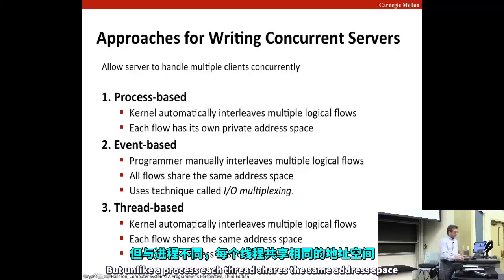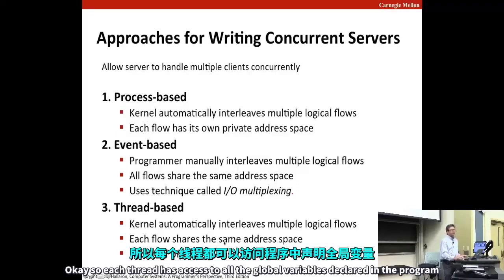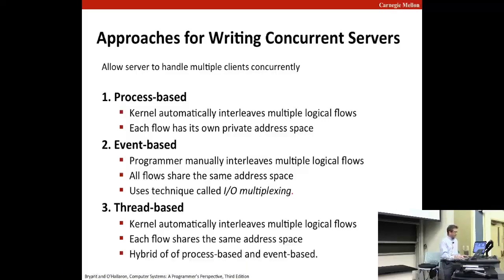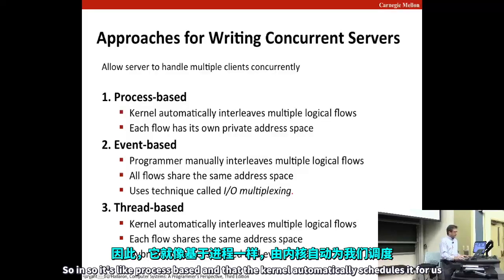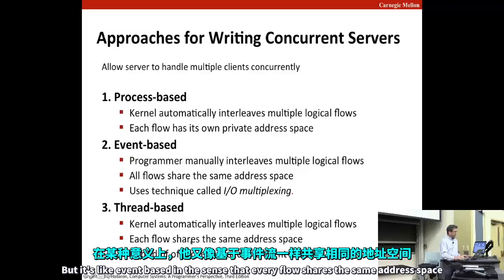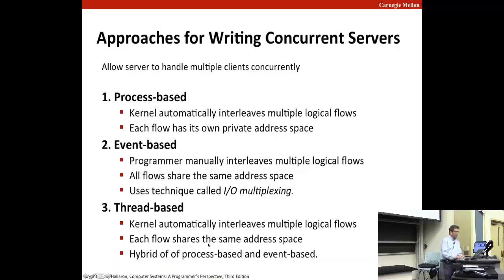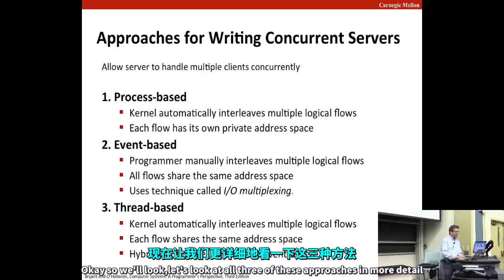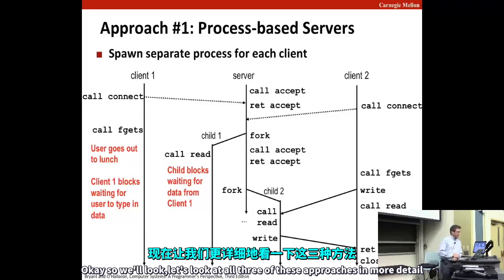But unlike a process, each thread shares the same address space, so each thread has access to all the global variables declared in the program. So it's like process-based in that the kernel automatically schedules it for us, but it's like event-based in the sense that every flow shares the same address space. Let's look at all three of these approaches in more detail.